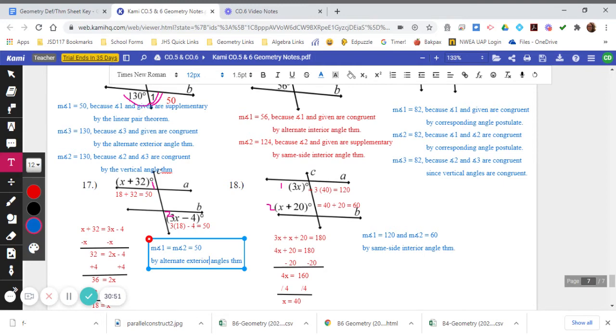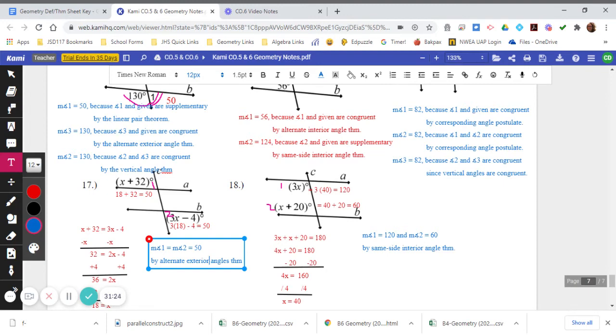The alternate exterior angle theorem allowed me to set those two things equal. Then I substituted, and now I'm back to my explanation. So for number 18, instead of setting these two things equal, because they're not, even just looking at this angle here compared to this angle down here, this one is going to be smaller than the top one. I can just see that visually.